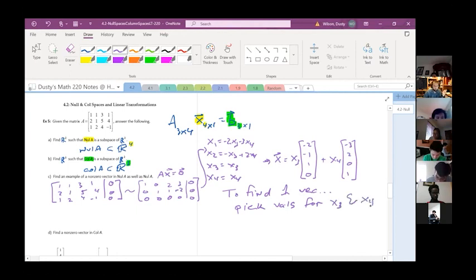It doesn't really matter what values we pick. We're not going to pick 0 and 0 because that would be cheating because they told us we needed a non-zero one. But we could do the next best thing. We could choose like, I don't know, how about like 1 and 1 just for the sake of having something to do. So if we pick 1 and 1, what's the vector that's going to be in our null space?